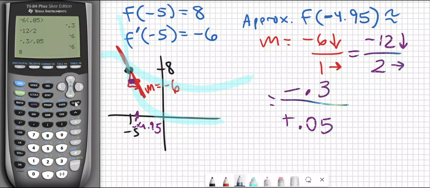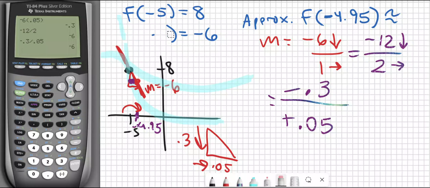Okay, so then picture if we're taking this in terms of points. Our point used to be at negative 5, 8, and so we're going over 0.05 units. I'll draw it over here. So we're going over 0.05. We just figured out that means we go down 0.3. See how the point used to be at 8? So if you're at negative 5, 8, and you go over 0.05, in fact, let me erase so I can write it right under it like a little table.